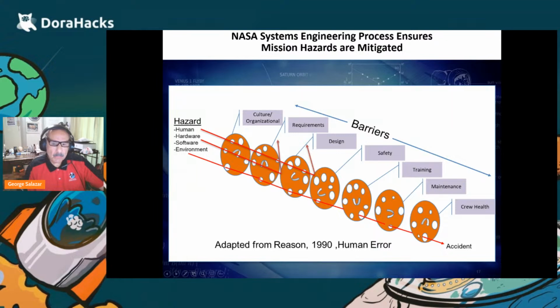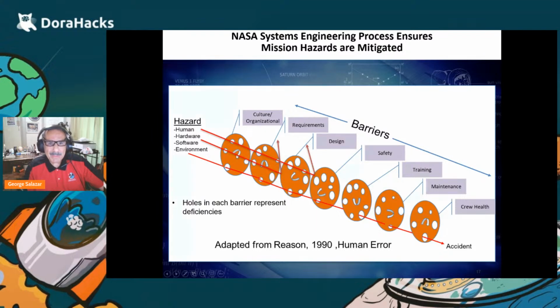And I think James Reason pretty much hit it in terms of describing how that can occur, based on this error model associated with barriers and holes, if you will, that basically represent deficiencies in that barrier.